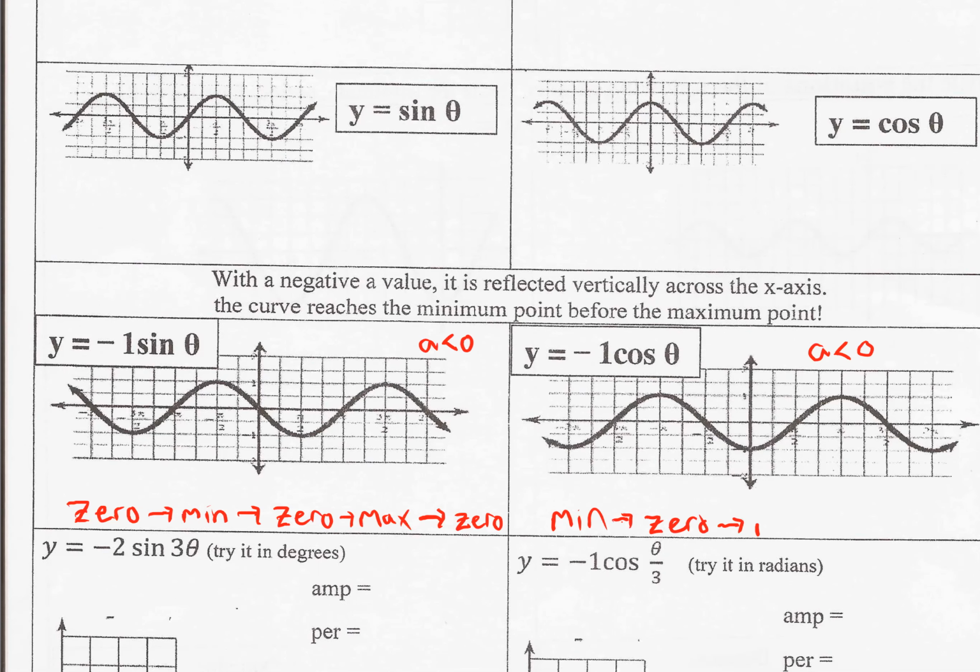And then at the very end, you have min. You always finish where you started. So if you start out at the min, your 5th point is going to also be at the min. So again, anytime a is negative, it's going to go min, 0, max, 0, min.